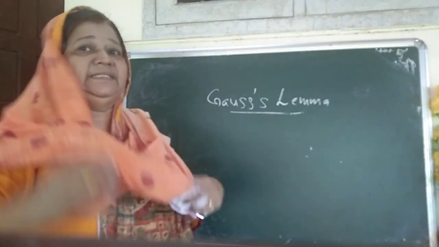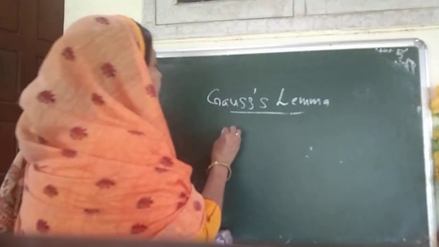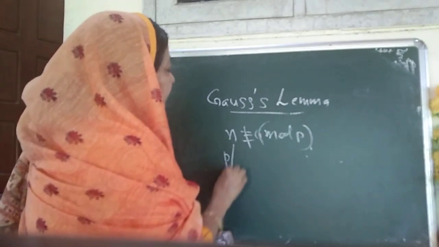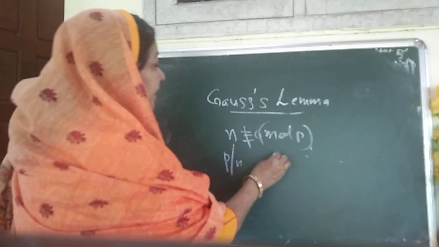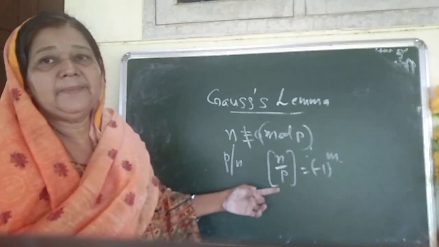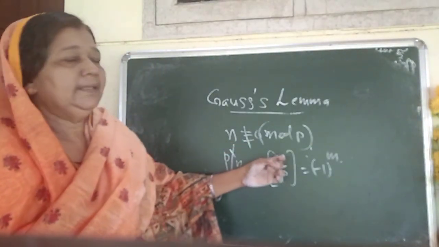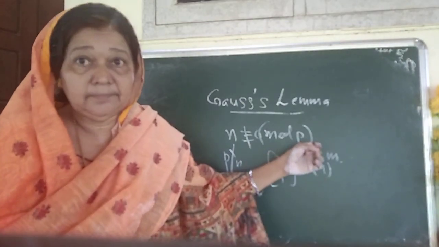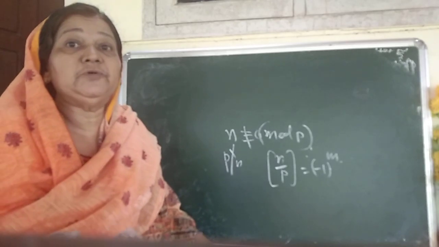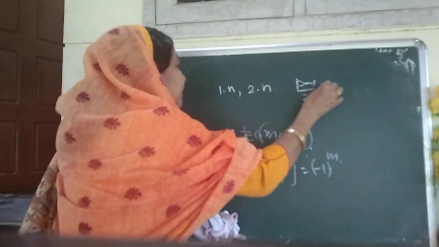Gauss' lemma states that if n is not a multiple of p, that means if p does not divide n, then the Legendre symbol (n/p) equals minus 1 raised to m, where m is the number of residues that exceed p/2 when we divide 1·n, 2·n, etc., up to ((p minus 1)/2)·n by p.